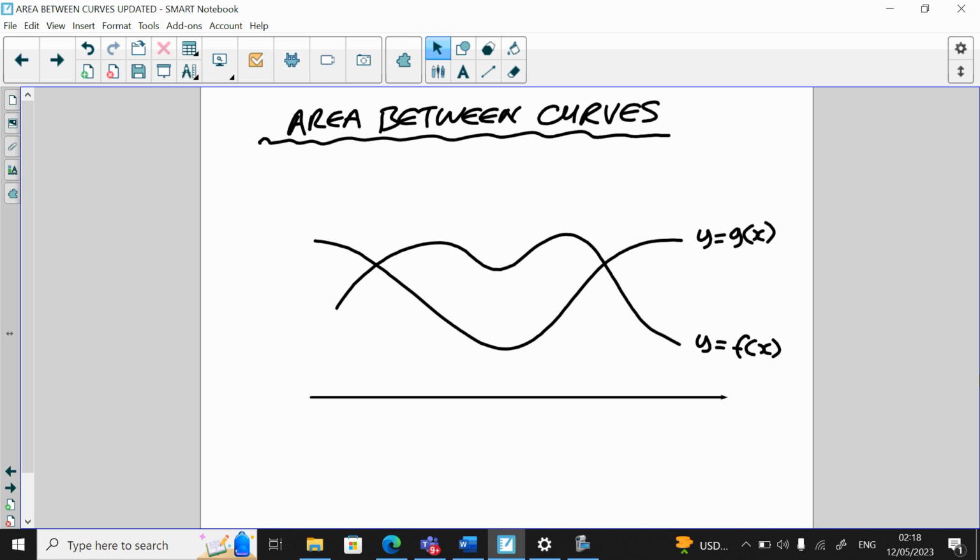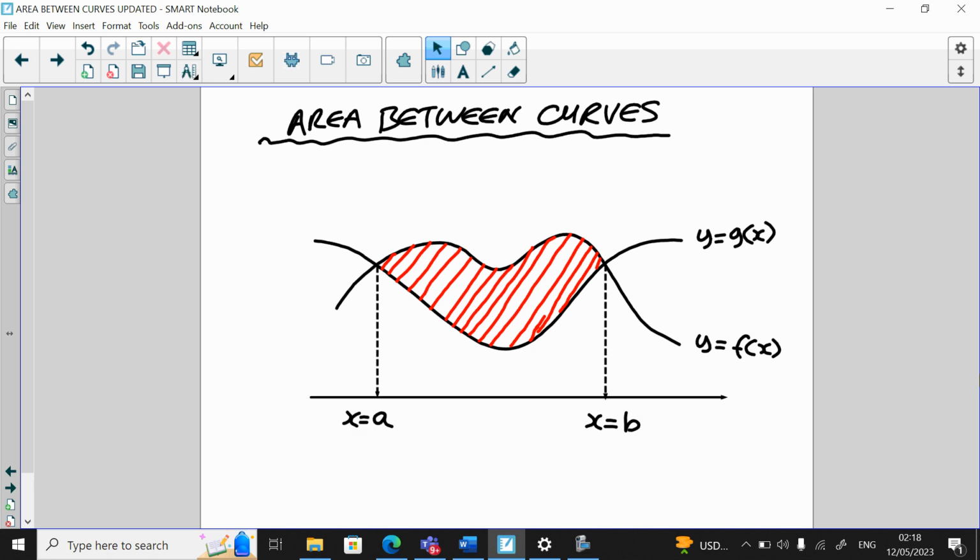So as the title says here, we're looking at areas between curves, so that it has to be totally enclosed between the curves. So this is the area I'm looking at here. So what I also need is the extreme left value horizontally and extreme right value horizontally.